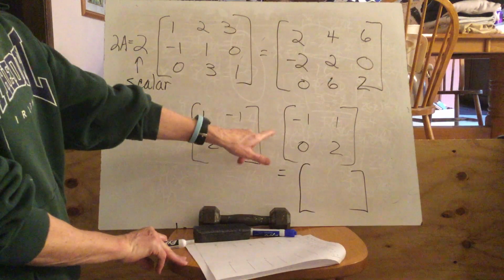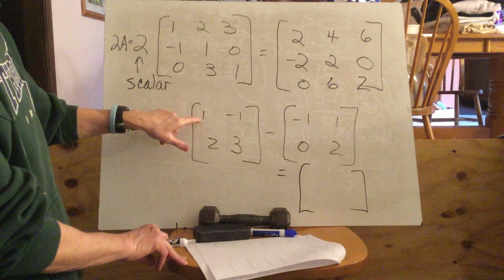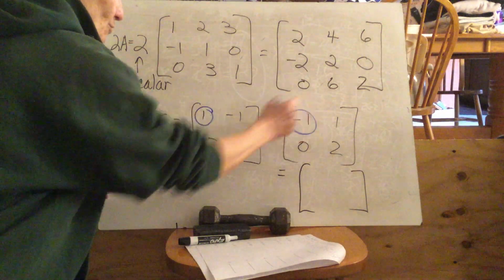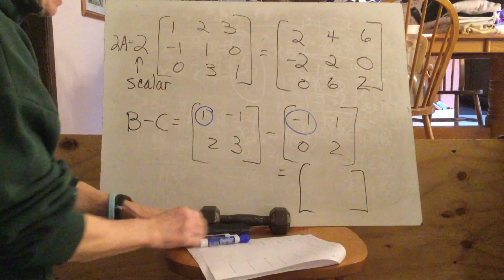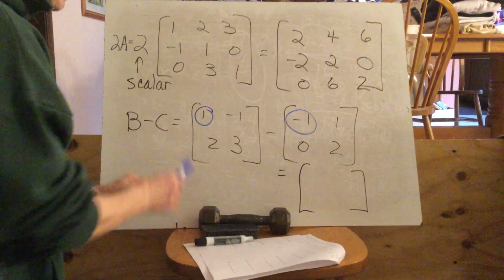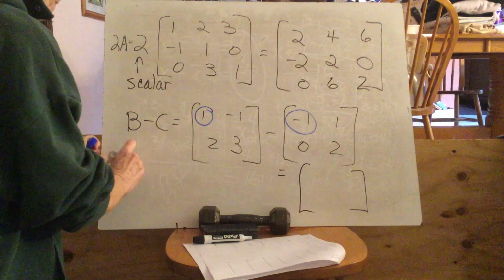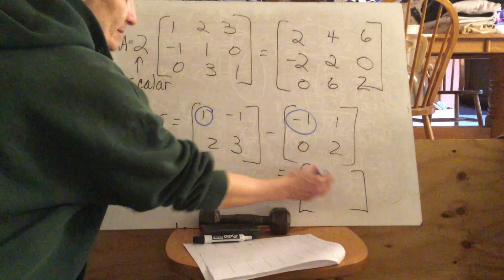All right, now this is a minus, so be careful. We're going to subtract corresponding entries. So 1 minus negative 1. 1 minus negative 1 is 2.